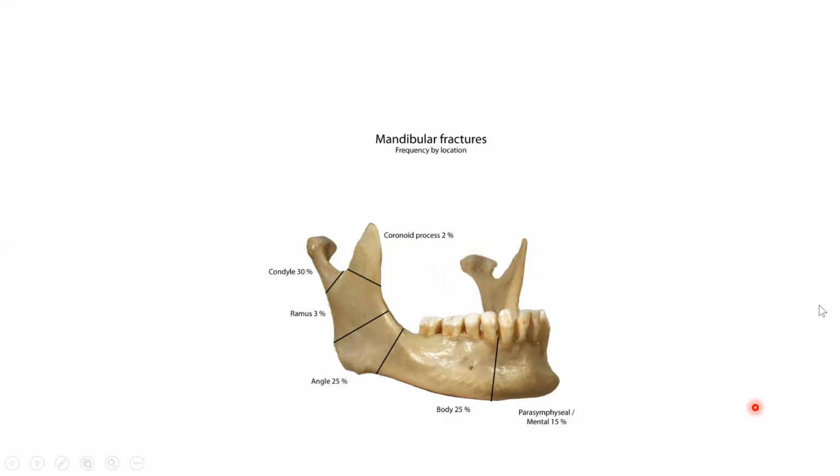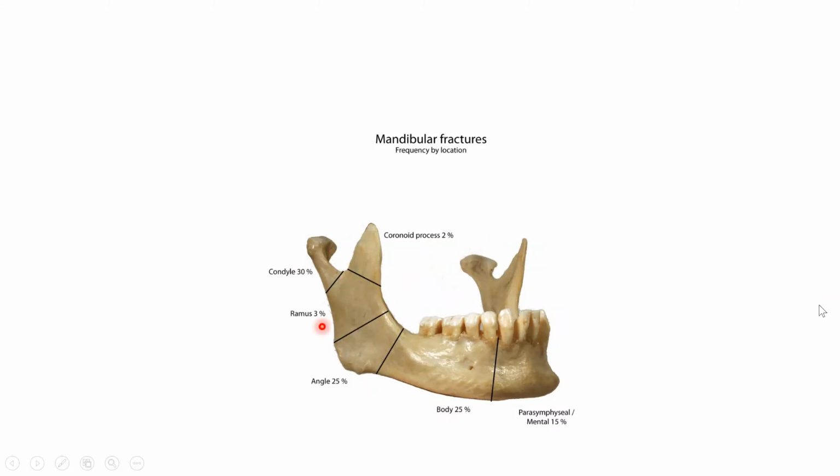So this picture of the mandibular bone shows the frequency of location of the mandibular fractures. The least one is of the coronoid process, and the most frequent is the condylar fracture of the mandible. This is the ascending ramus.